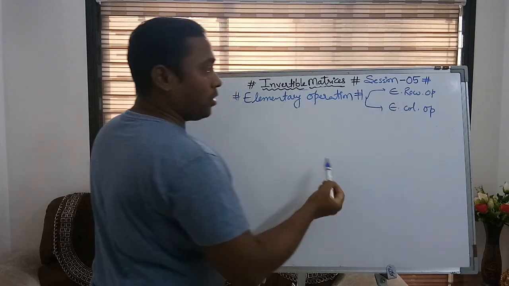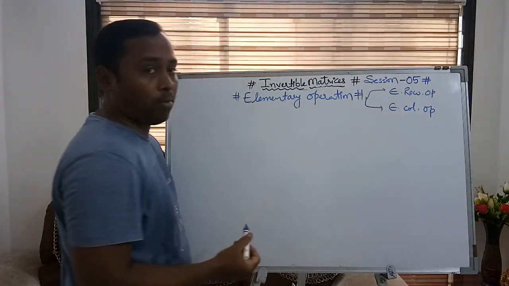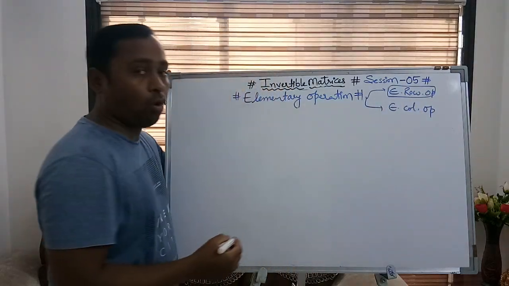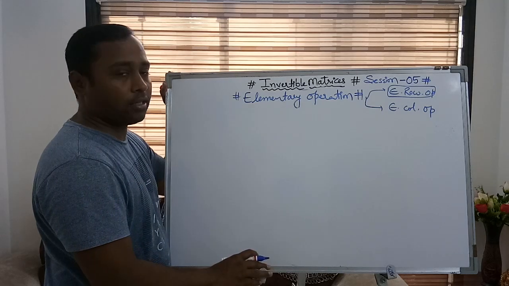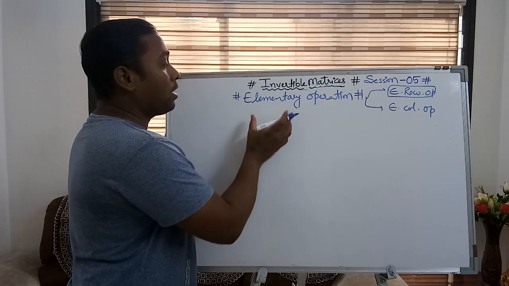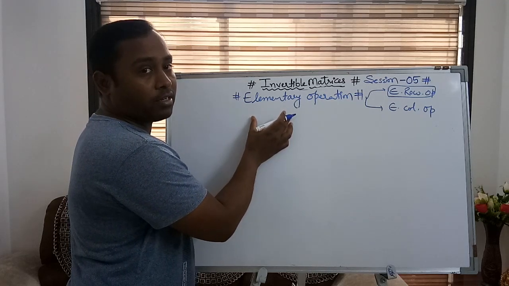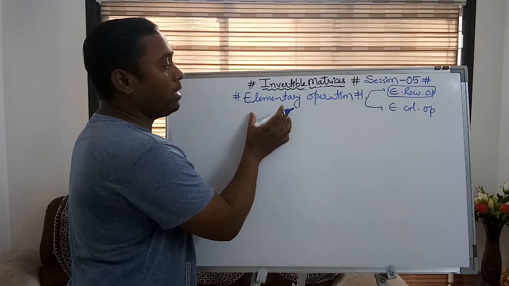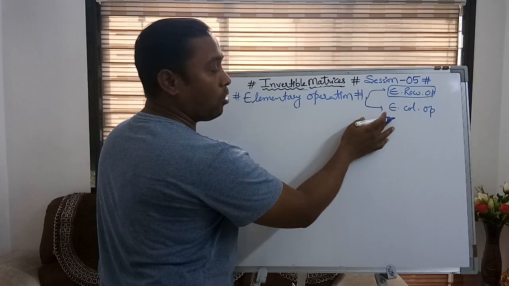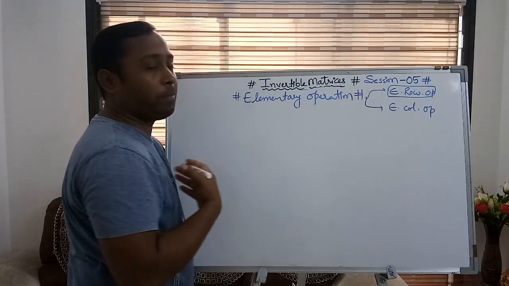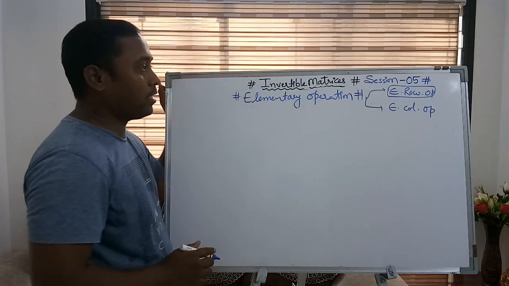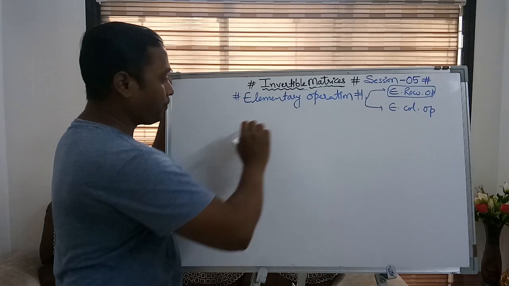Either you will go with row operation or you will go with column operation, but here I am strict to only elementary row operation, because whenever they ask the question, they never mention whether to go with row or column. They simply ask to find the inverse of the given square matrix by using the elementary operation method. Elementary operation doesn't mean only row or only column. We have two options. It all depends on us. So I am taking the row-wise system here. Now let's see what this elementary row operation says.